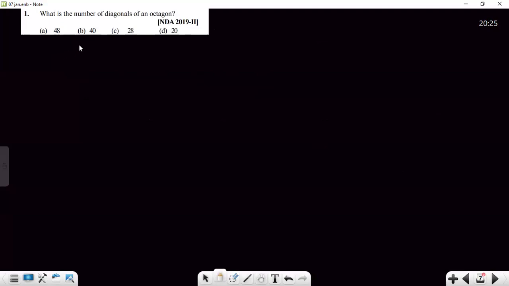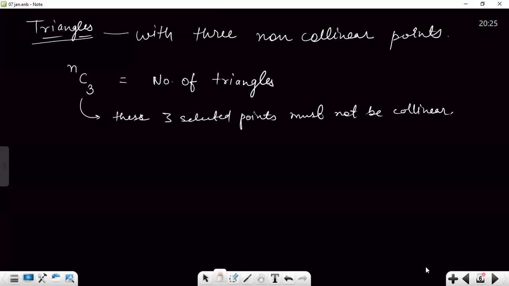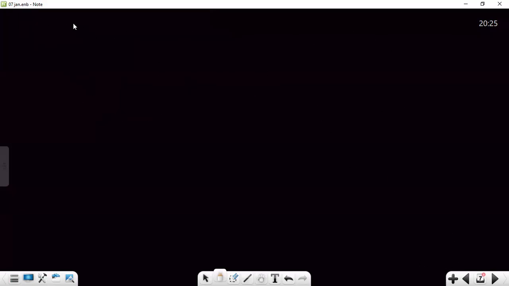Can anyone tell me? The shape with 8 sides. Yes. Polygon. What is a polygon? A two-dimensional closed figure.